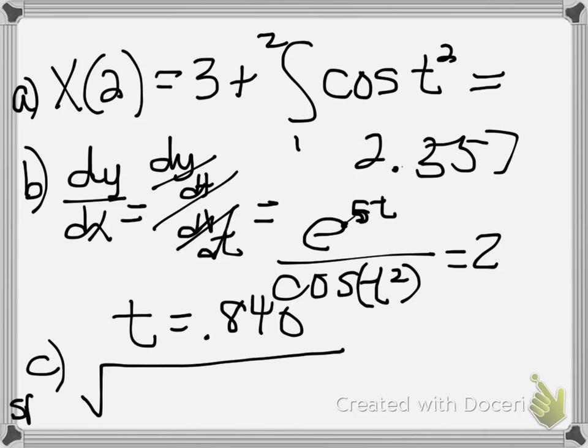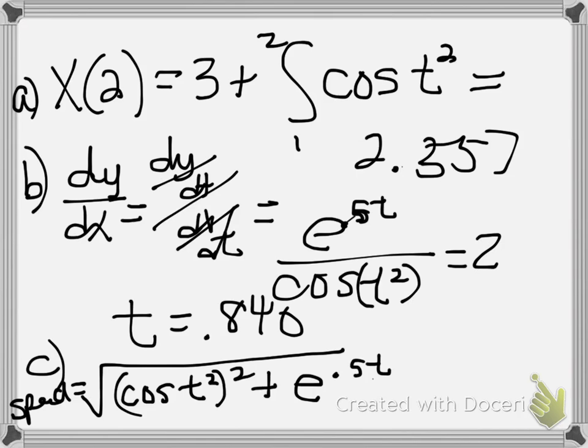So speed equals the square root of the cosine of t squared, quantity squared, plus e to the 0.5t, quantity squared.